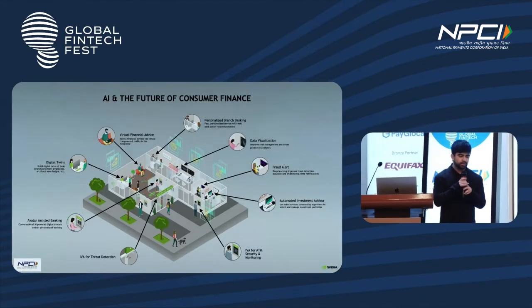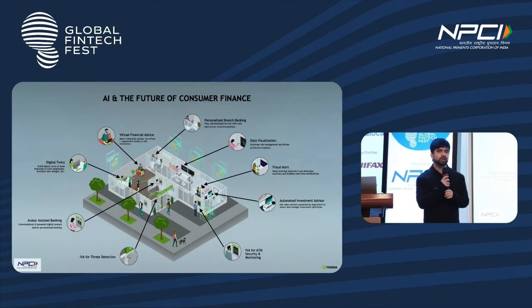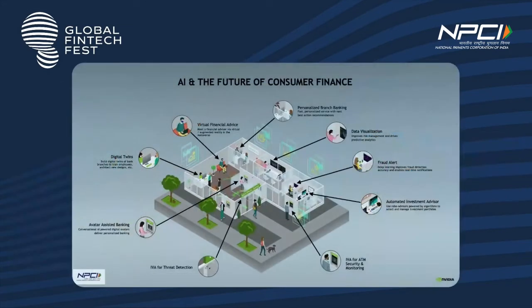So with that, as you must have seen in a lot of other presentations as well, one of the key technologies that might have been highlighted quite a bit was AI and machine learning. One of the reasons why these technologies have become so important today is majorly because of these three factors. The first factor is the Cambrian explosion of data happening across the industry, be it in terms of speech, text, images, videos, and so on and so forth.